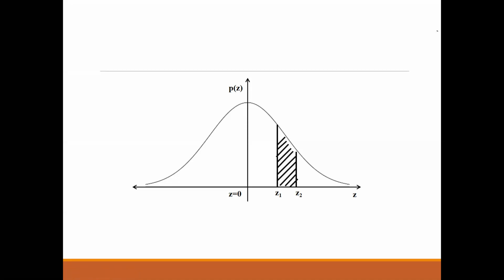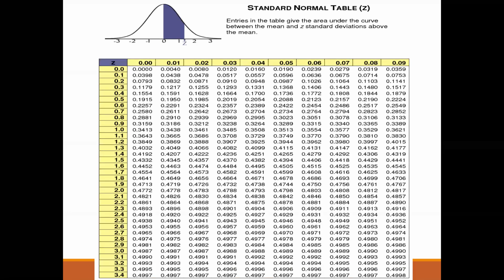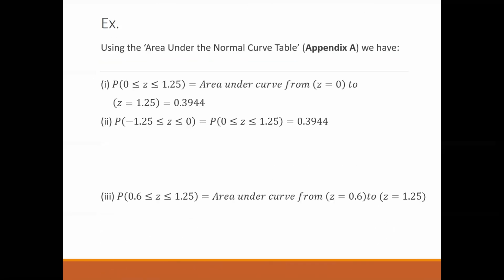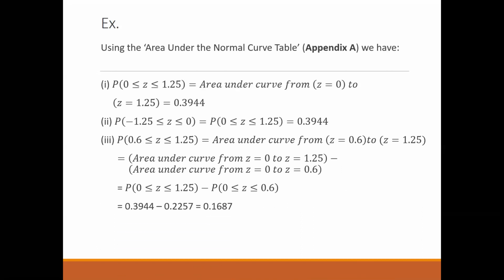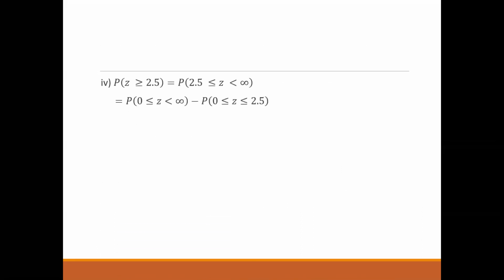Clear, guys? When we are talking about this, I want you all to draw the graph as well at your end. It will help you to understand it better. So this answer will come as 0.5 minus 0.4938, which will be 0.0062.